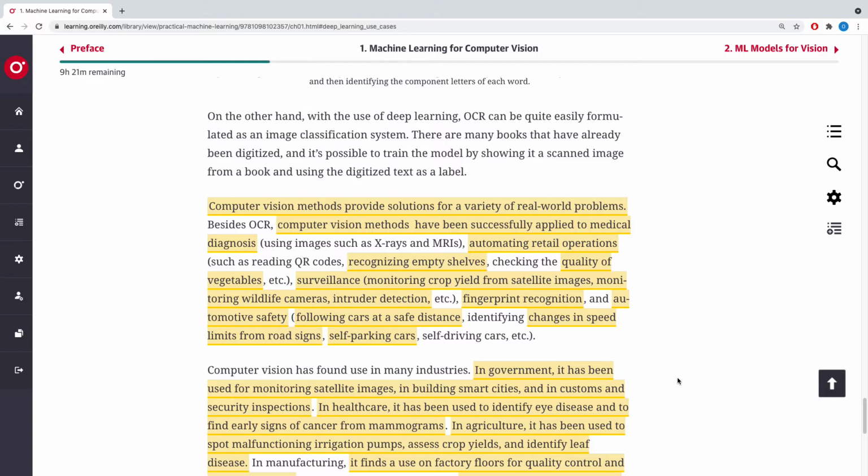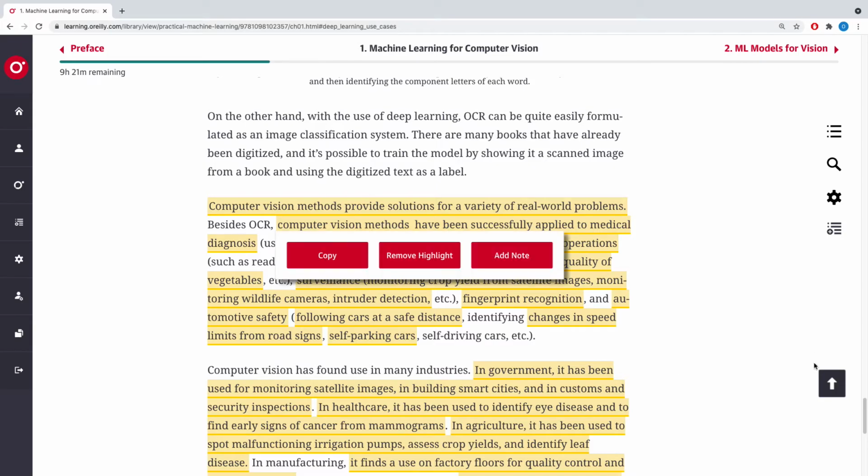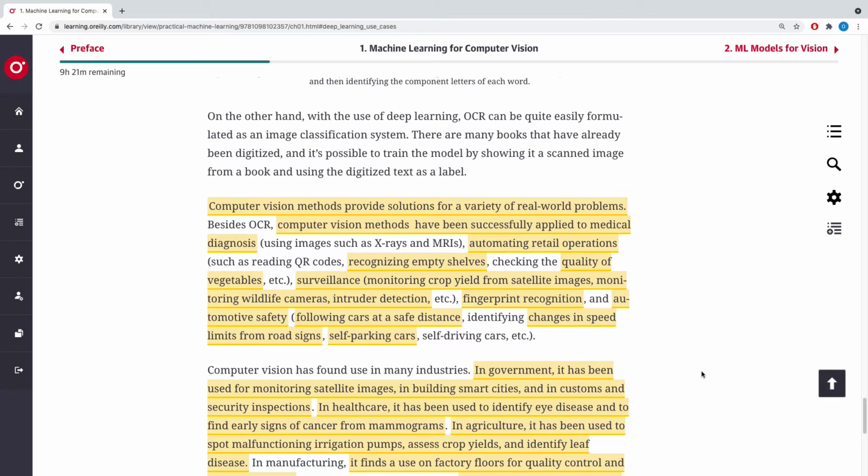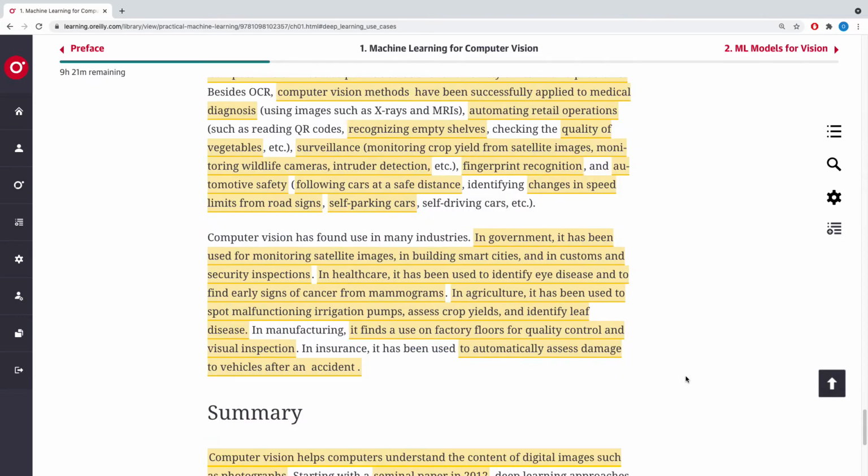We have that in optical character recognition, in medical diagnosis, in surveillance, in automating retail operations, and you see it also in automotive safety, in fingerprint recognition, and in government. You see computer vision's applicability in building smart cities, monitoring satellite images, and even in security operations.